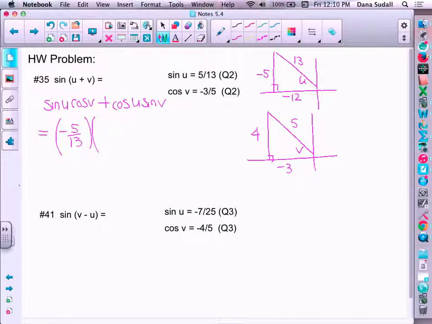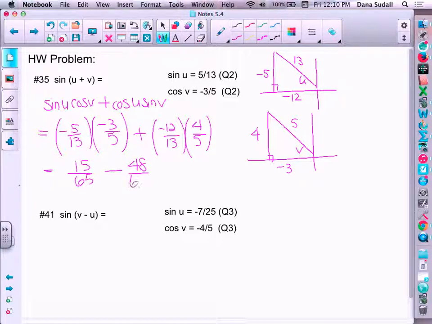Cosine is negative 3 over 5 for angle V. Cosine for angle U is negative 12 over 13. And sine for angle V is 4 over 5. So I have 15 over 65 minus 48 over 65, which is going to give us what? Negative 33 over 65.